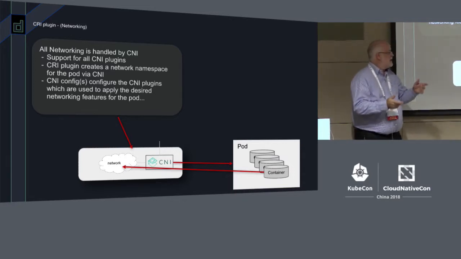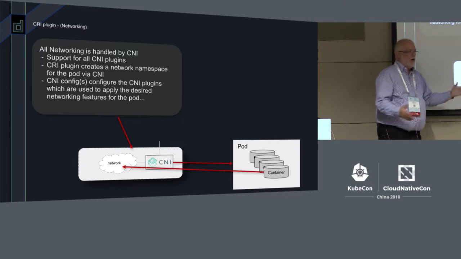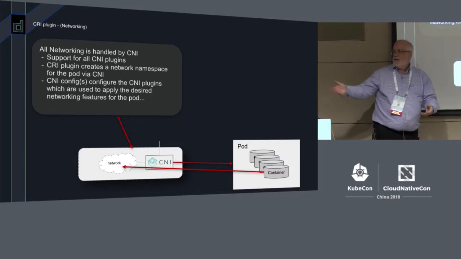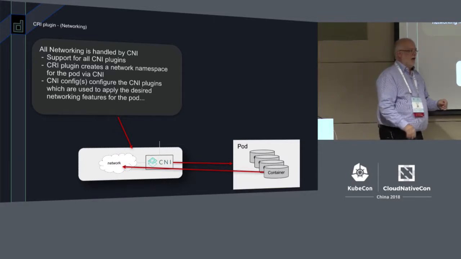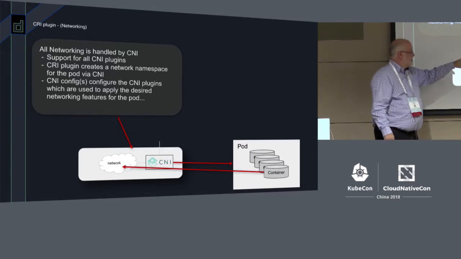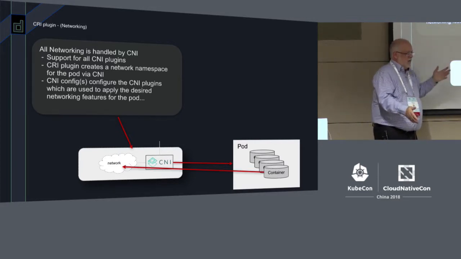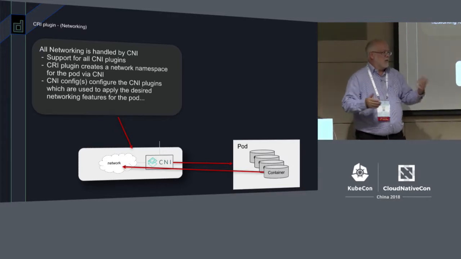And so what happens at that point is CNI will load the plugins that have been configured for CNI. We support all of them. We don't care whichever one you want. In my demo, I'm using Flannel, but there's a lot of other networks out there. And the cool thing is, because CNI is there, if Weave wants to work, and they do work there, it just works.